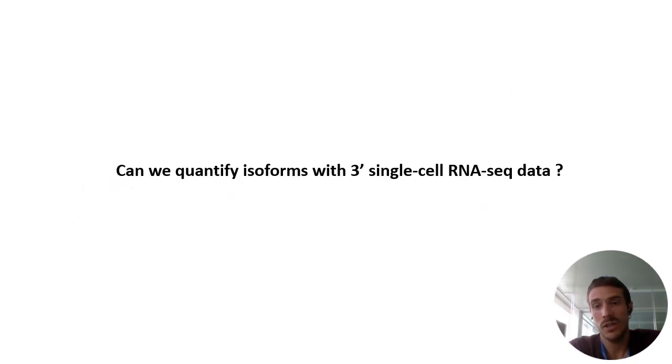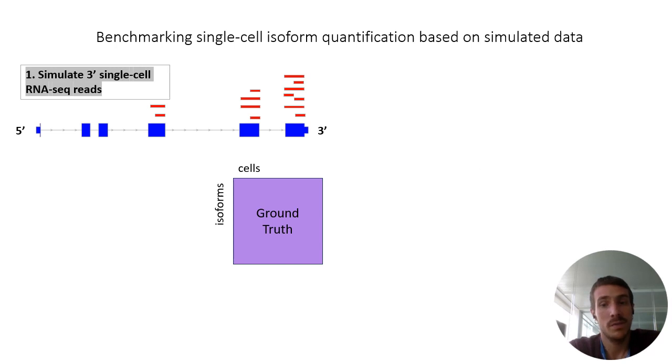Hence, the first question that we ask ourselves in this study is, can we quantify isoforms with 3' single-cell RNA-seq data? And for this, we propose a simulation-based benchmark in which for each isoform in each cell, we simulate reads considering this 3' read bias that we were mentioning. Since we know the number of reads per cell that we are generating, this is going to be our ground truth.